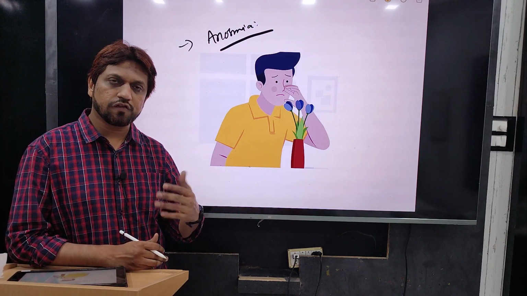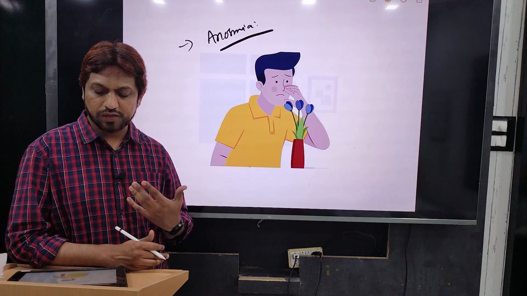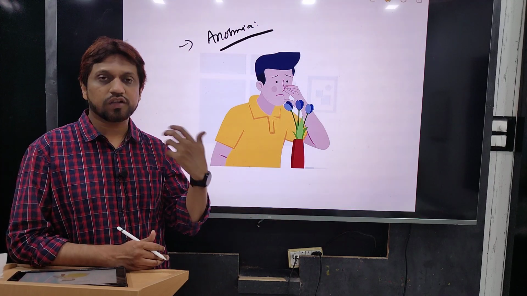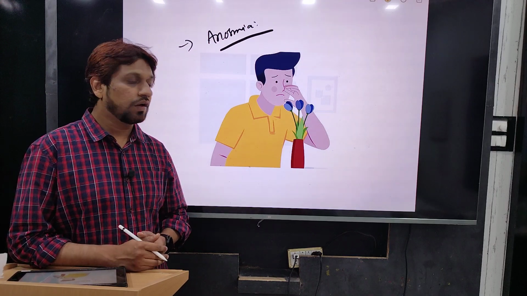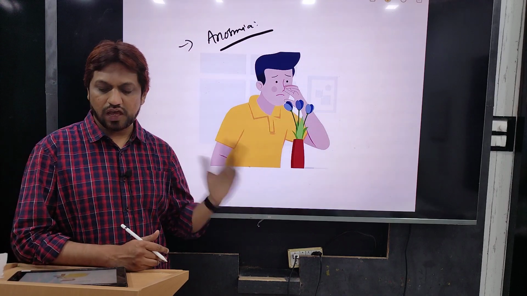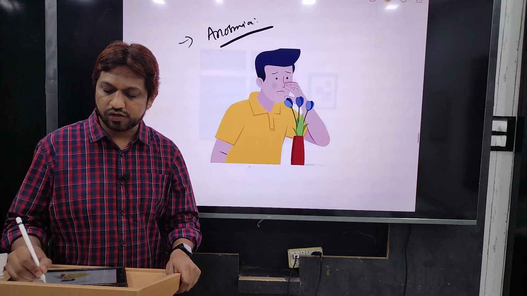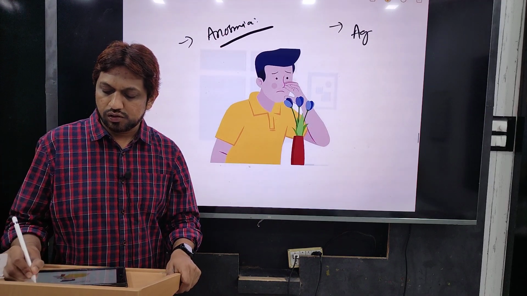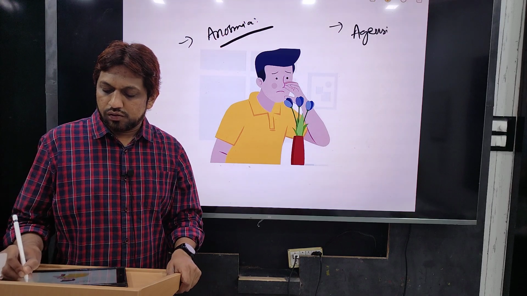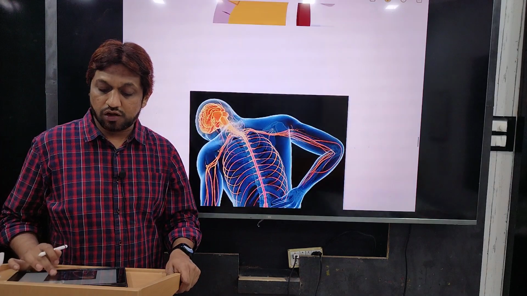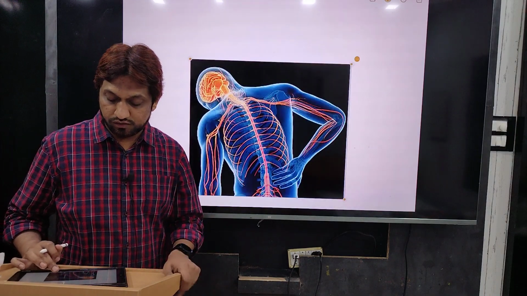Many times the patient will first present with this symptom, that he is unable to make out the smells of various substances. That is known as anosmia or hyposmia, and also even the taste sensation, which is known as ageusia. So taste sensations are also lost, but anosmia, loss of smell, is one of the characteristic clinical findings.